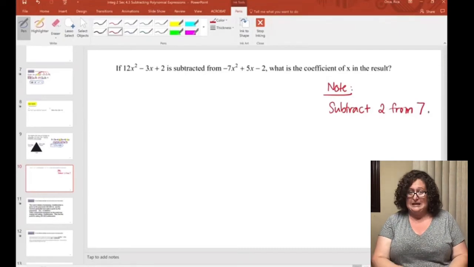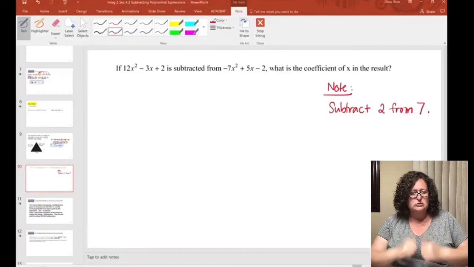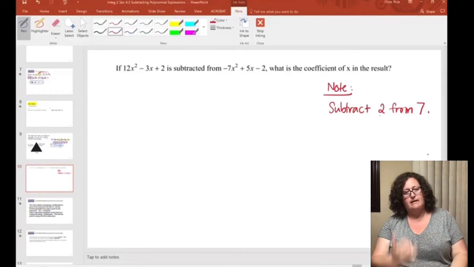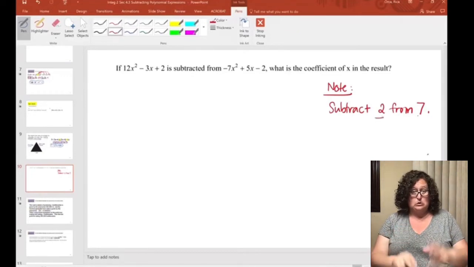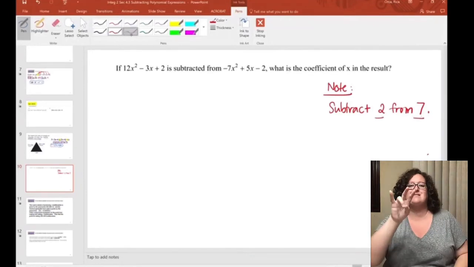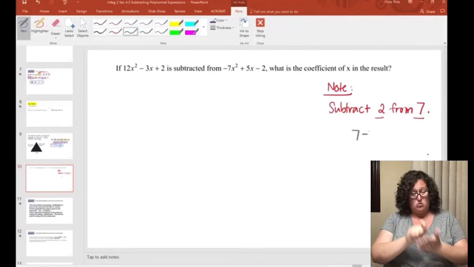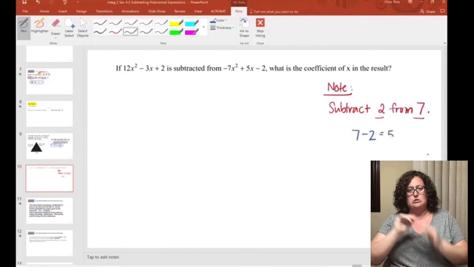Is it 2 minus 7 or is it 7 minus 2? Well, if you look at it, we're taking 2 away from 7. So the correct way to write it is 7 minus 2, which is 5.